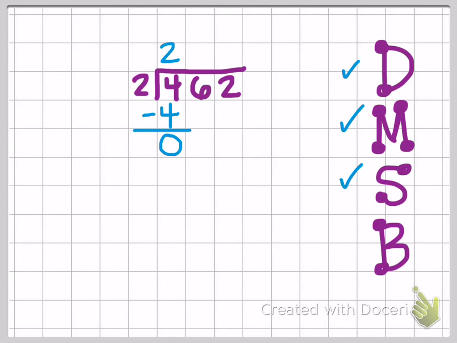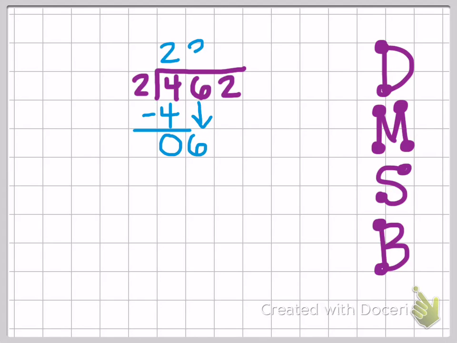Our next step is to bring down the next digit. That next digit is 6, so I'm bringing it down. Now we start to look here at this remainder, and this is what we're going to use to divide. And we've got to start our steps over, so back to division. 6 divided by 2 is 3.